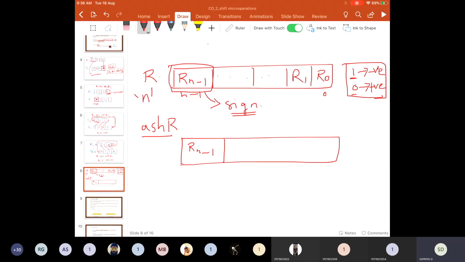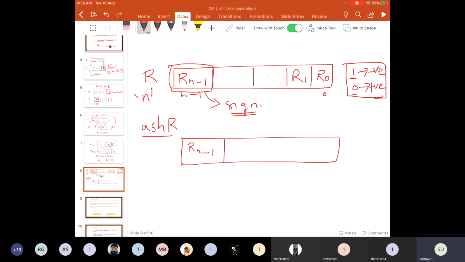Then we will be moving the other bits one position to the right. The sign bit remains unchanged, whereas we perform the same shift right operation as in a logical shift right operation.